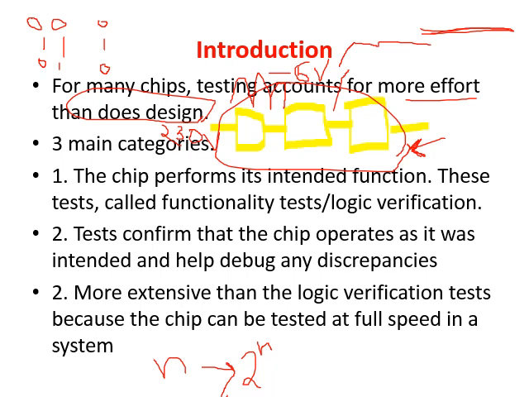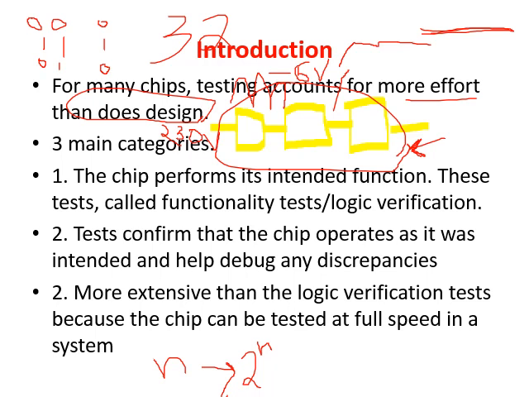Now in VLSI it becomes very difficult to test a circuit. Say for example, if we have a chip, say a microprocessor, around 32 bits. In our PCs we find processors, say a 64-bit processor or a 32-bit processor.